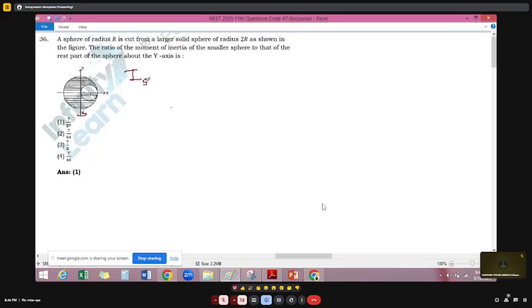I of the smaller sphere divided by I of the rest of the sphere. And don't forget, the bigger sphere has a radius of 2r, and the inner sphere will have a radius of r. Why? Because this entire thing is 2r. That means the radius of the inner sphere will be only r.